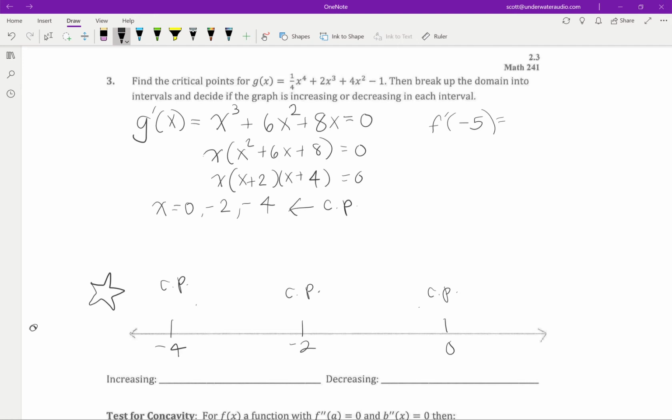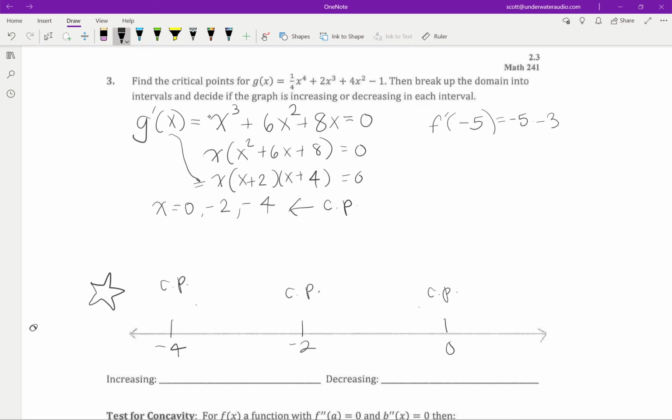I find that it's easier to plug it into this factored form than into the top one. They're all the same, just different ways to write the same thing. So f prime of -5 is -5 times -5 plus 2 is -3.